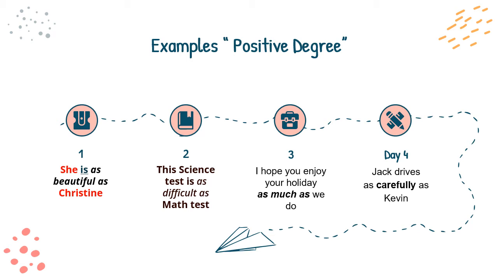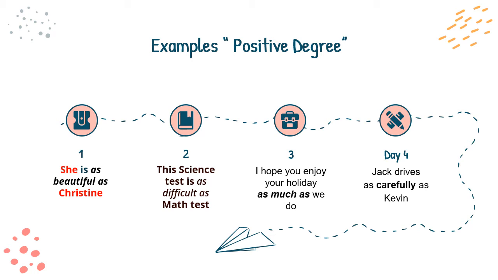Now let's take a look at these sentences. The first one is, she is as beautiful as Christine. Second one, the science test is as difficult as the math test. Third, I hope you enjoy your holiday as much as we do.